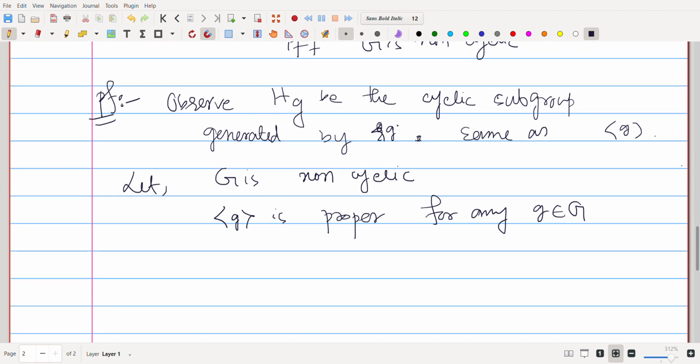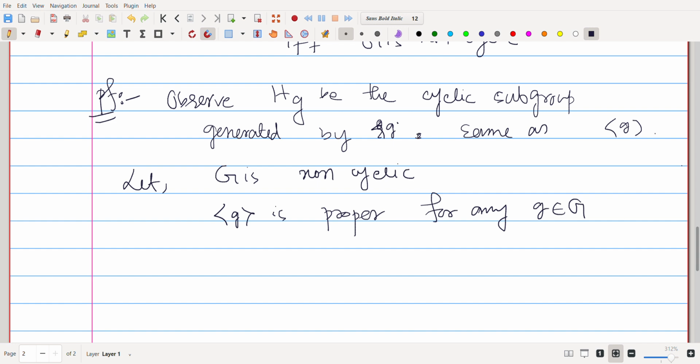So hence consider G to be the union of <g>, g belongs to G, which is the same as the union of cyclic subgroups generated by g, g belongs to G. Now each cyclic subgroup generated by g is always proper, and we can write G as a union of its proper subgroups, right?